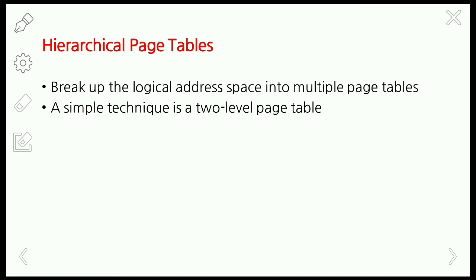But if the frame size is small, it is difficult to keep the page table in the main memory. So we divide the page table into multiple pages, like how we divide a process into equal pages. Similarly, here the page table is divided itself into a number of pages.